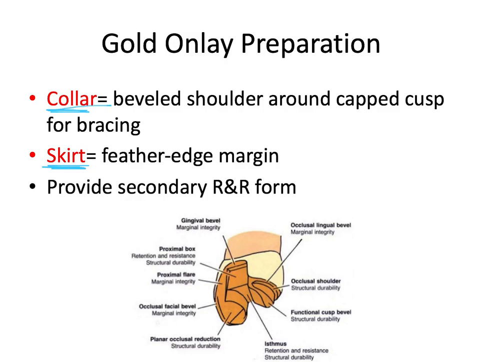So a collar is talking about this beveled shoulder around a capped cusp in order to offer resistance form, this bracing effect. And a skirt is an even less aggressive kind of mini preparation around a capped cusp with like a feather edge margin. And both of these things provide secondary resistance and retention form for your gold onlay preparation.